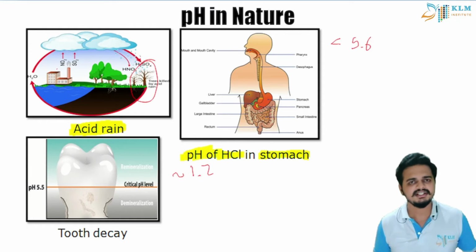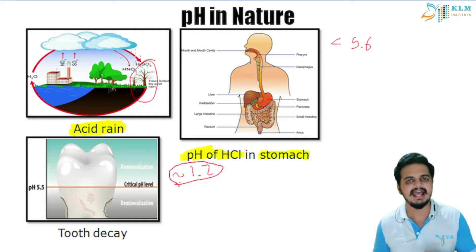When the food is digested, we need this pH. But if there is indigestion in your body, you will get acidity if this pH is maintained in your stomach and there is no food inside your stomach. That is why you might see your elders taking antacids, which are bases to neutralize this reaction.